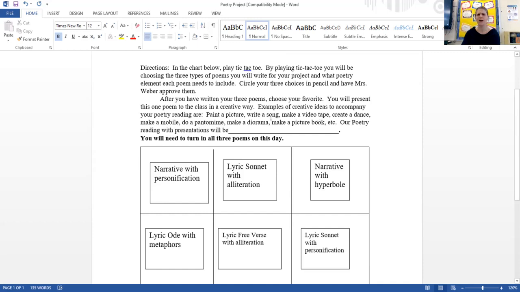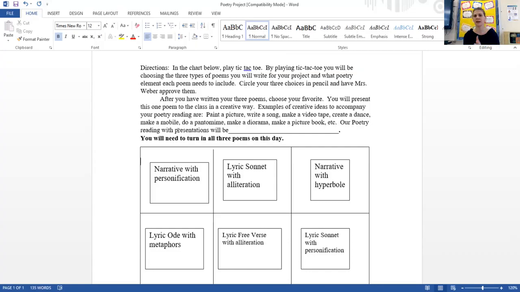Wow, that's old. Not a videotape, but you could make a video, create a dance, make a mobile, you know, those things that hang from the ceiling. We had a whole bunch in the classroom last year. Do a pantomime, make a diorama, make a picture book, etc. Whatever you want to do to present your poem to the class. And notice that there will be a poetry reading of your one poem, not all 3.